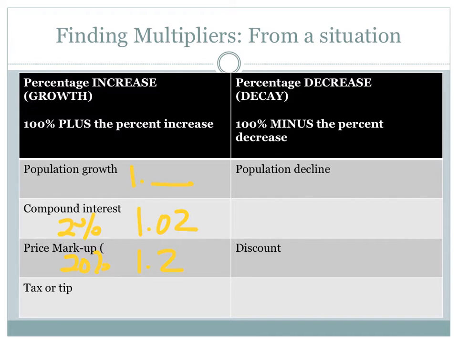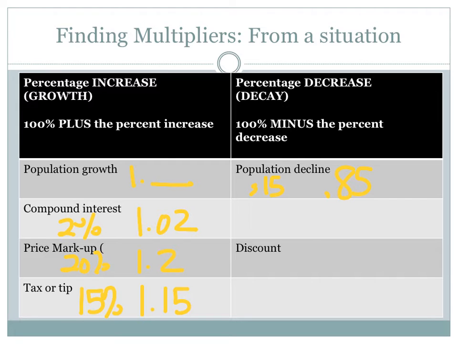And tax or tip, let's say you wanted to leave a 15% tip, and you wanted to know the total amount you're going to spend, your bill and your tip, then you would multiply by 1.15. If we're talking about a population decline, for example, of 15%, that would be 100 minus 15. So we would multiply by 0.85, because that would be how much was left after the population had declined.